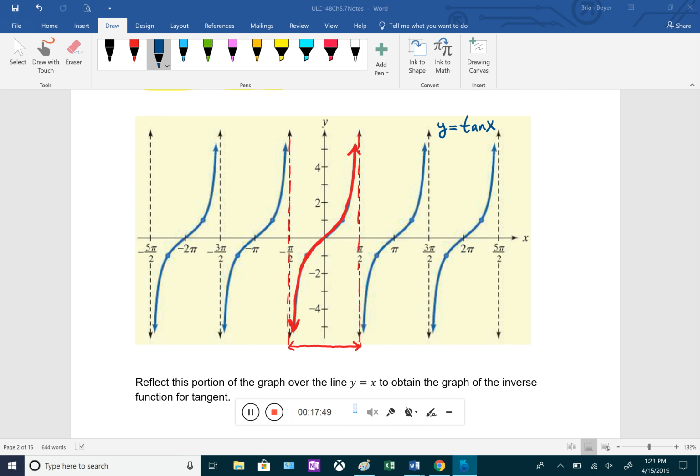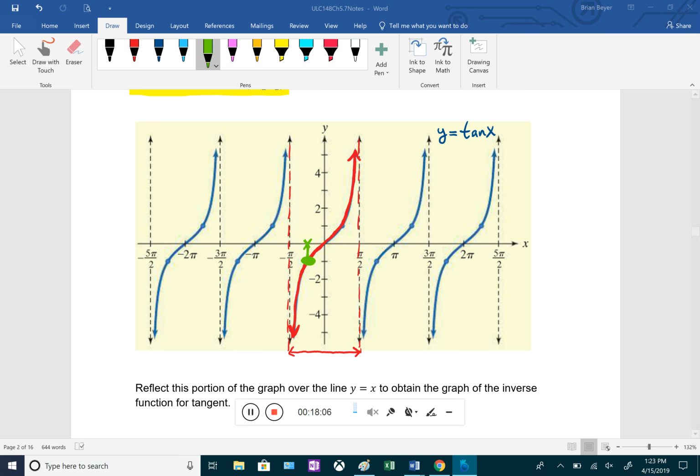Well, here is negative 1 right here. So it's saying what value gives us that output. That would be whatever x value is right here. It looks like it might be negative pi over 4 because it's halfway to negative pi over 2. So that's one way to think of it graphically.